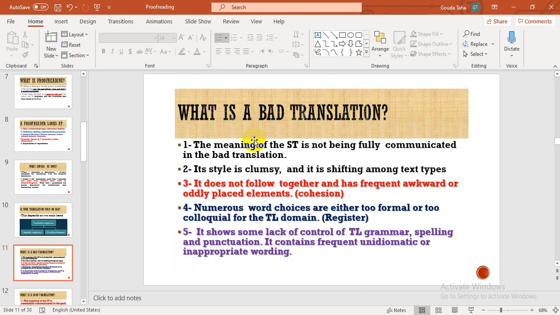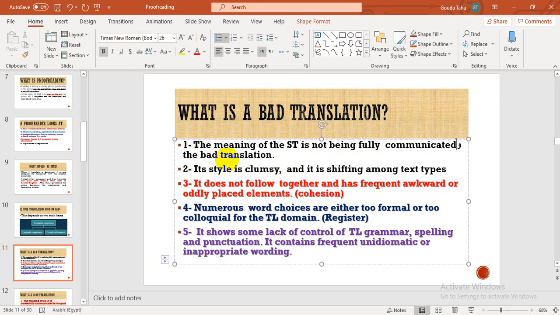Your translation will be bad if you have some of these problems. If the meaning of the source text is not fully communicated, your translation will be a bad one.